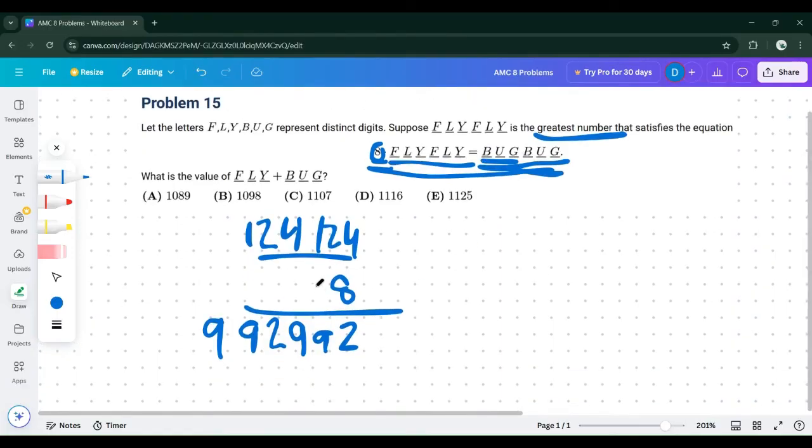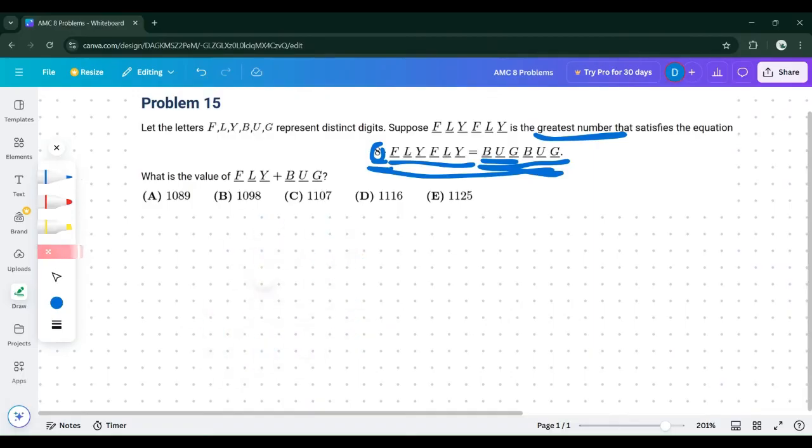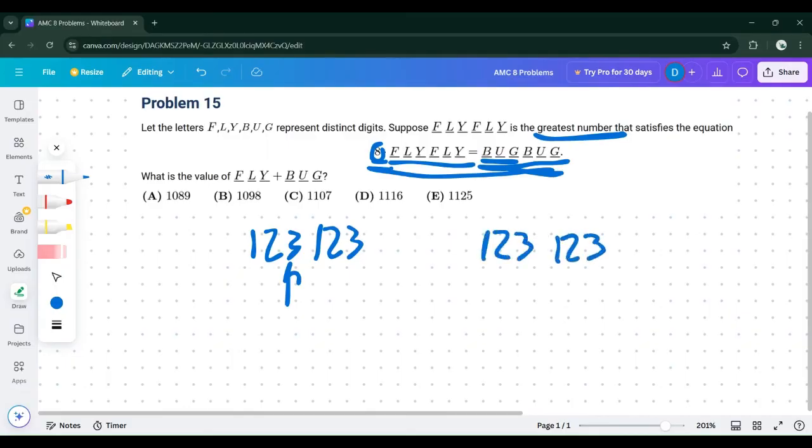But if we go down one, decreasing the thousands digit and the units digit by 1, we find that it does satisfy the equation. So we multiply this by 8, and we get 984,984.